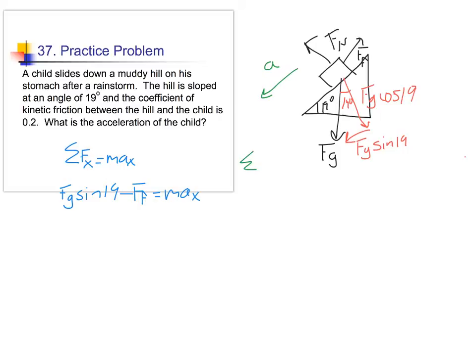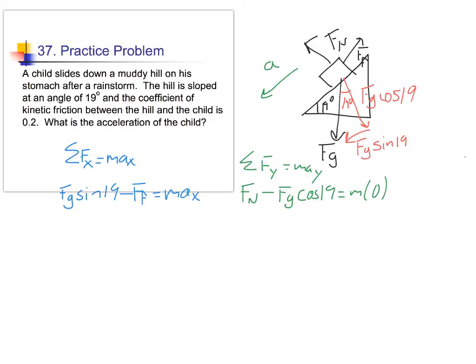In the y direction, we're going to have our normal force minus Fg cosine of 19, and that's going to be equal to mass times 0, because once again, much like a lot of these friction problems on level surfaces, we are not accelerating perpendicular to that incline in the y direction.